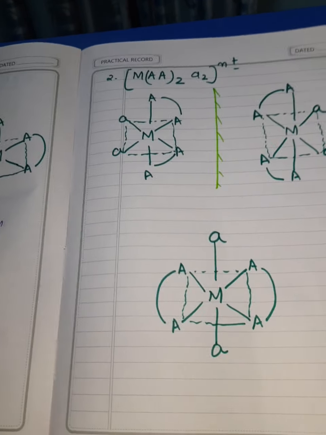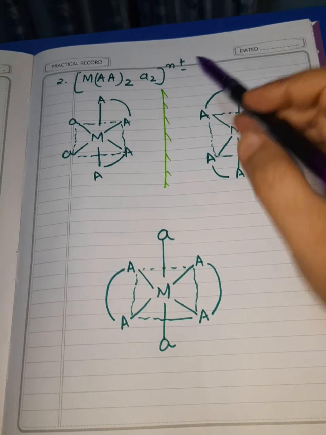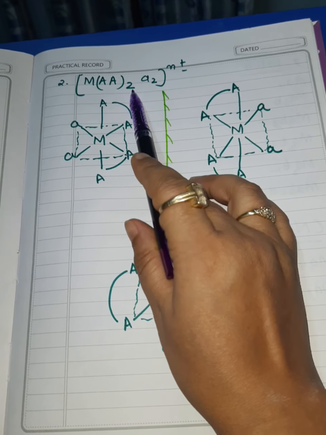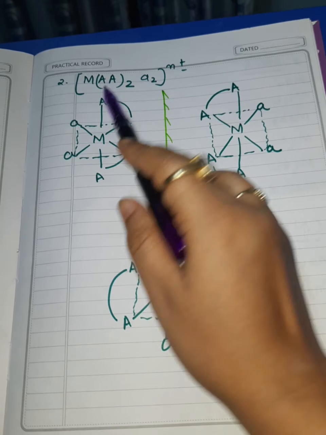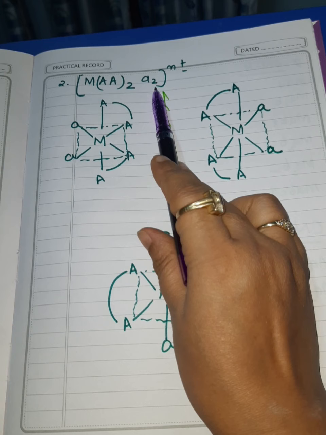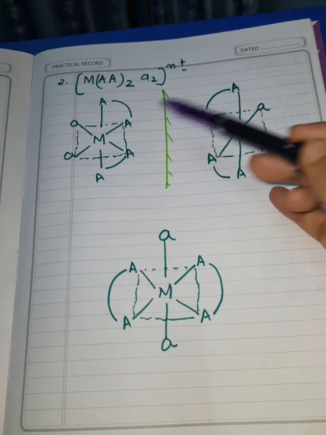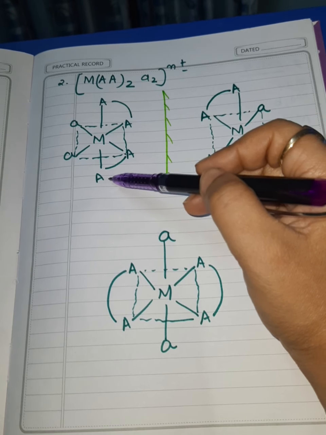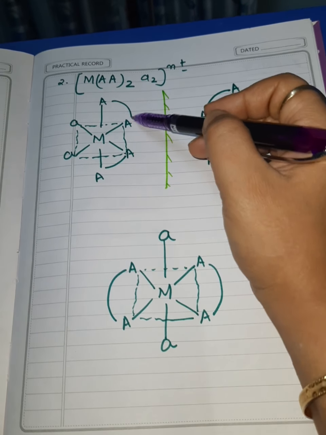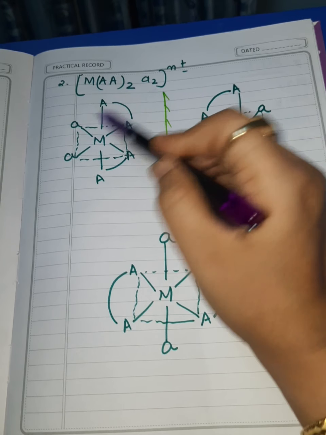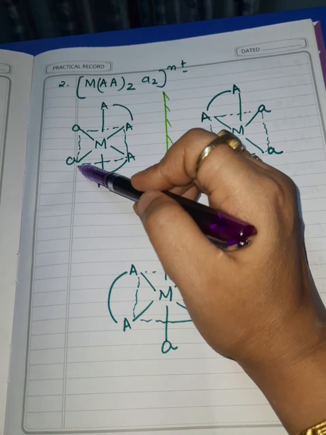Now coming to the second example in this category, M(AA) whole twice A2. Here we have 2 similar symmetrical bidentate ligands along with 2 similar monodentate ligands. So here the complex can have this kind of geometry, where 2 symmetrical bidentate ligands are oriented that way and 2 similar monodentate ligands occupy the square plane.